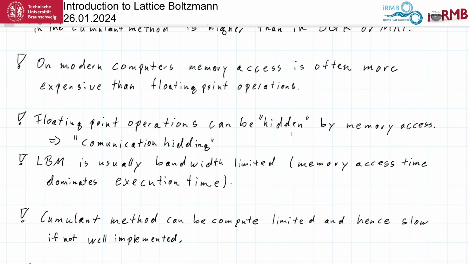And in cumulants, it is such that the memory access has to wait for the computation, because computation is so much more that this becomes dominant. But it is close to the boundary, and because it's close to the boundary, it is very useful to think about how we can optimize this a little bit so that we get to a well-balanced algorithm later.